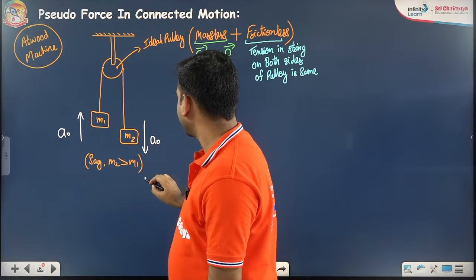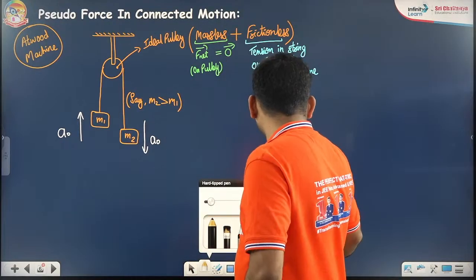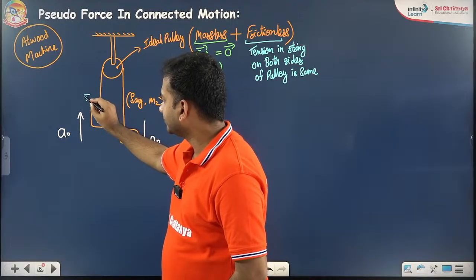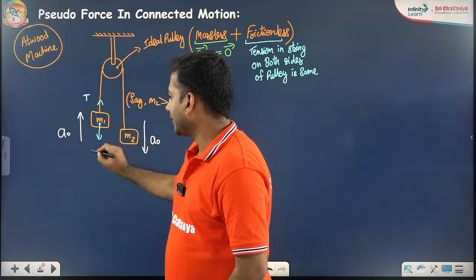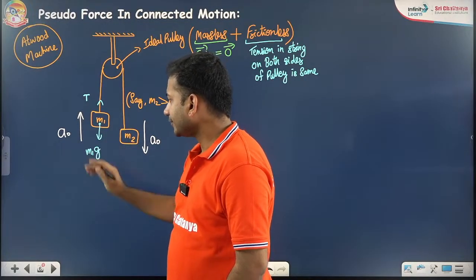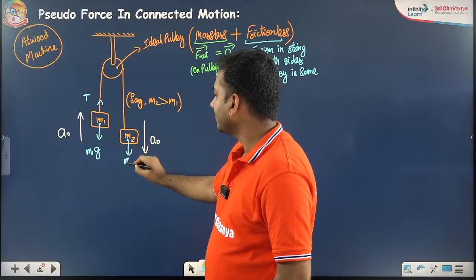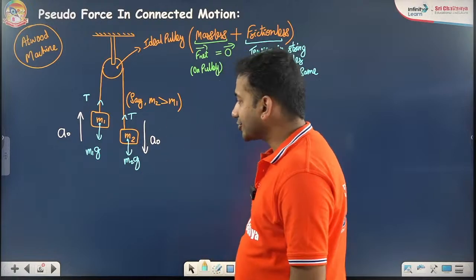let me stick with this assumption. So if you consider the block M1, you will say tension here is T, and the force here is M1G, and its acceleration is upward. Here you have M2G, and this is T, and its acceleration is downward.